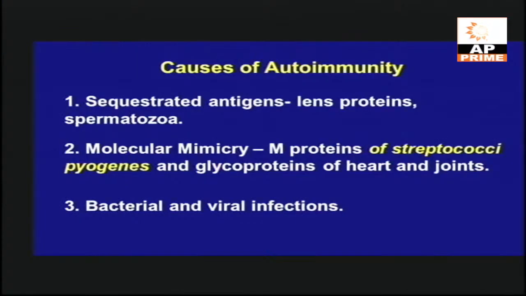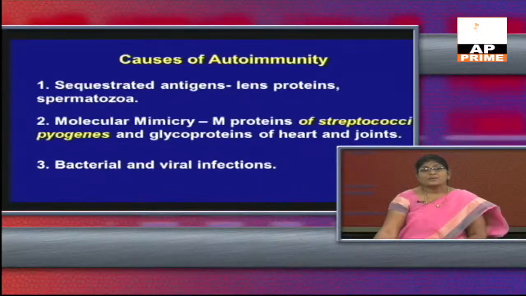So what are the causes of autoimmunity? The first cause is sequestrated antigens. Sequestrated antigens are the antigens which do not come under blood circulation during the development of the immune system. So later, whenever these antigens come into blood circulation in the individual's life, the immune system will consider them as foreign and attack them, and cause autoimmune disease.